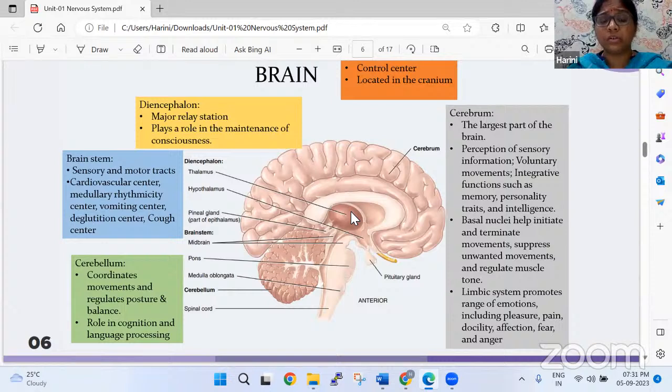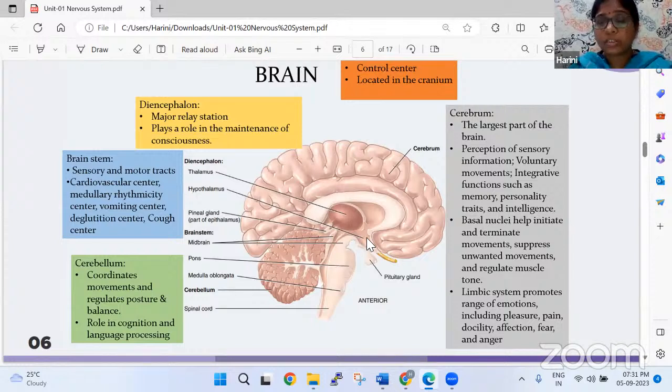It is called a relay station, which consists of various tracts and nuclei, which help in carrying the information towards the cerebrum and sending back the integrated information. The diencephalon consists of three major subdivisions. That is the thalamus, the oval-shaped structure here. The next, hypo, you all know what hypo and hyper are, right? Just inferior to the thalamus, the area which is here is the hypothalamus.